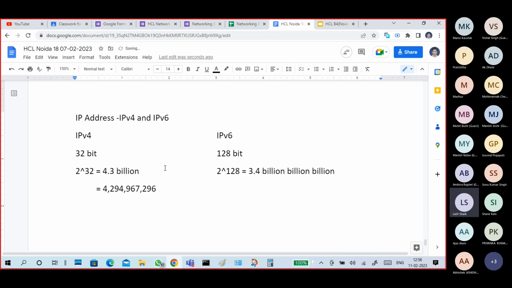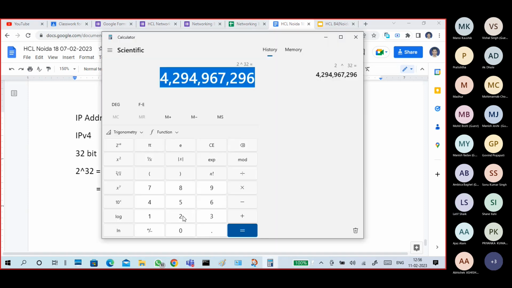Exactly, it is called a decillion. 3.4 into 10 to the power of 38. So 10 to the power of 38 IP addresses you are getting. It means after 34, put 37 zeros.